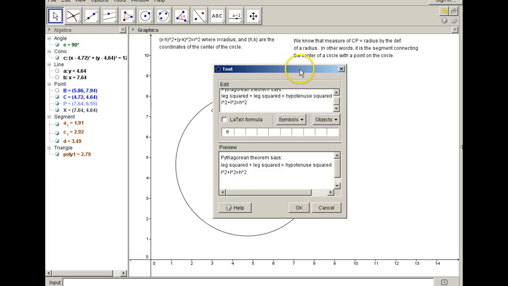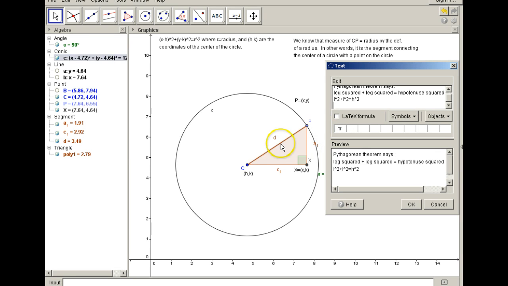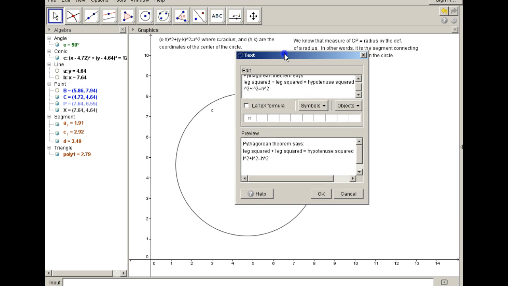Remember, our hypotenuse in this circle is always going to be CP, and we already verified that CP is the radius. So by substitution, leg squared plus leg squared is equal to the radius squared.